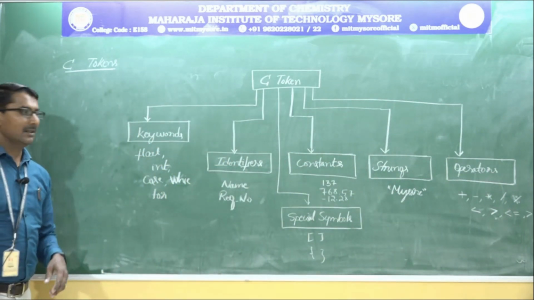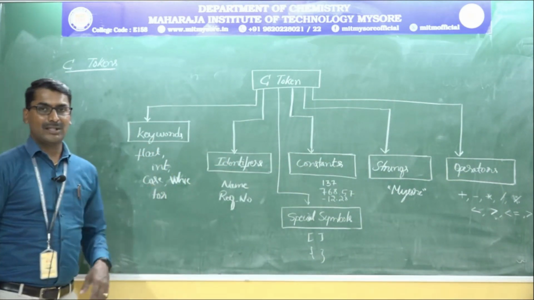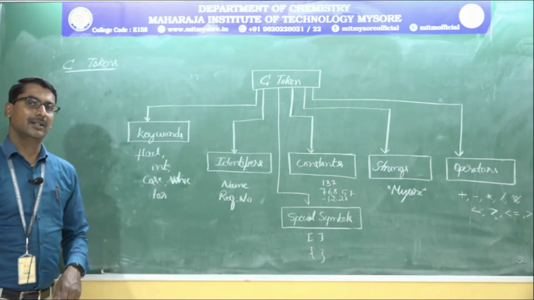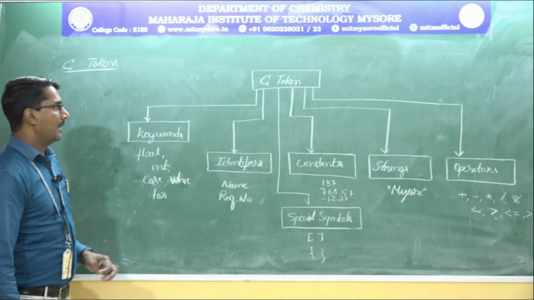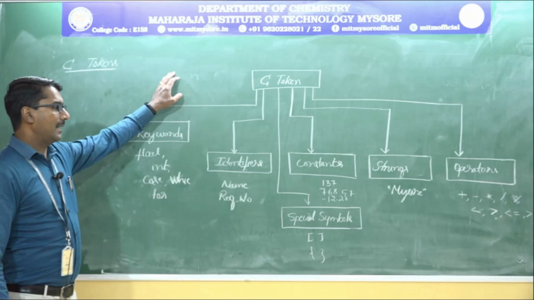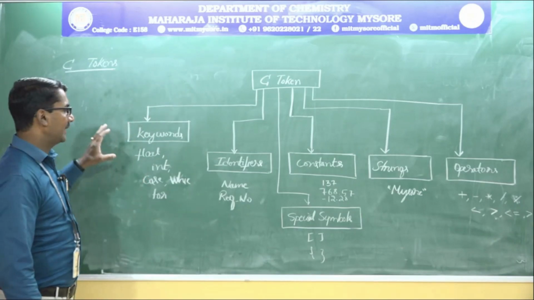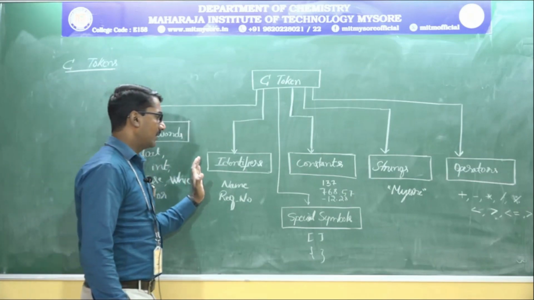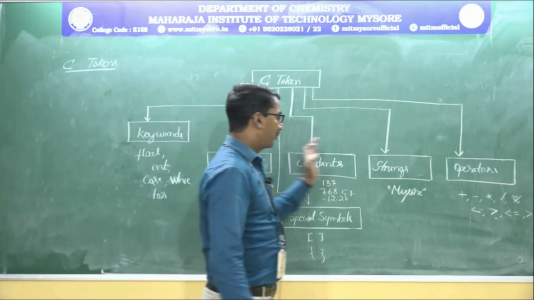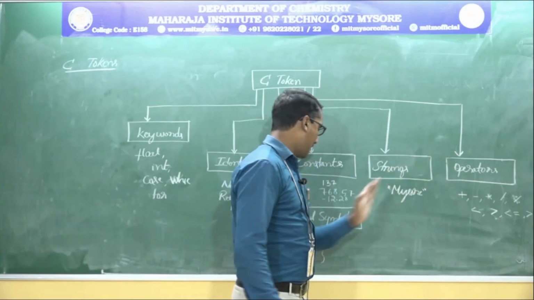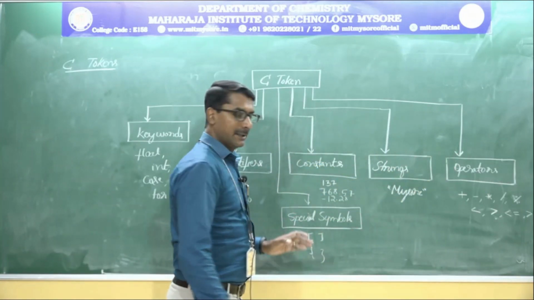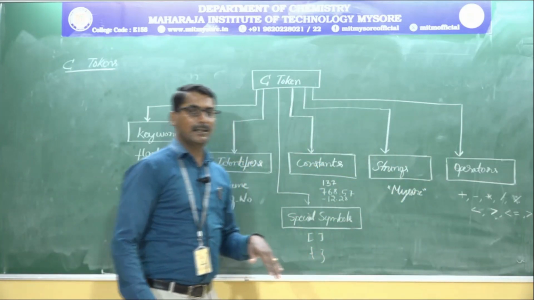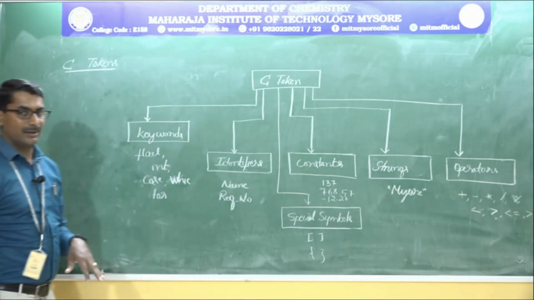I already mentioned C tokens are passages of text and the basic unit of a C program. The tokens in C language are classified into 6 categories. First category is keywords, second is identifiers, third is constants, then strings, operators and special symbols. These are the 6 different types of tokens.